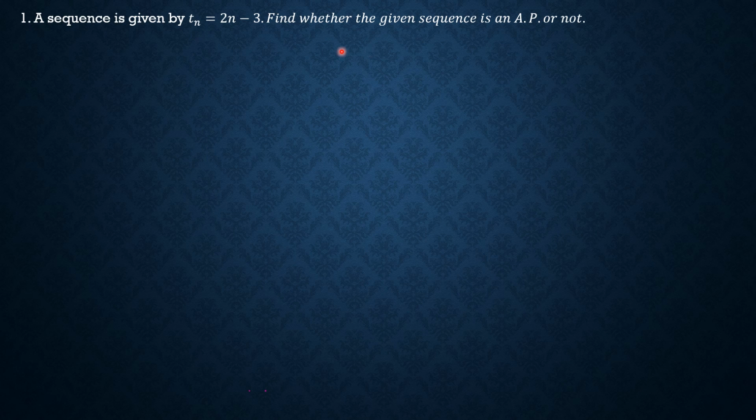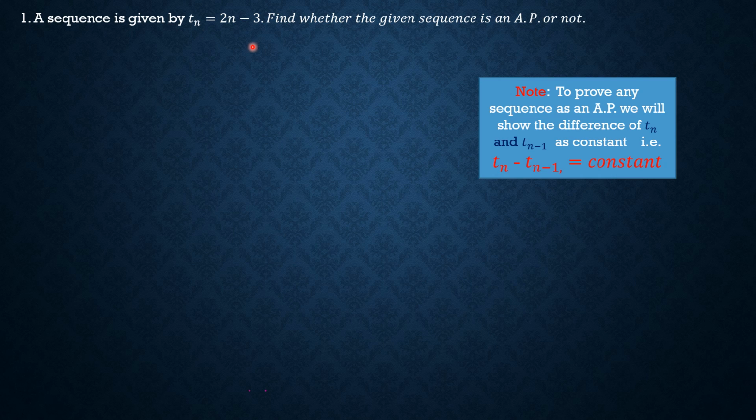So we will try to prove the difference between two consecutive terms is same throughout in this case. And this note, as mentioned earlier, to prove any sequence as an AP, we will prove tn minus tn minus 1 as constant. So solution here given is tn equal to 2n minus 3.